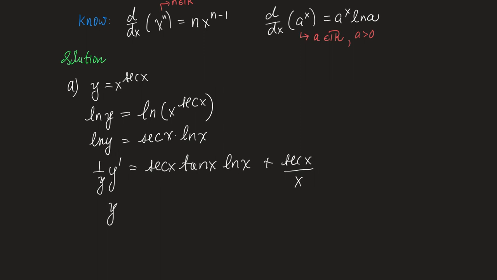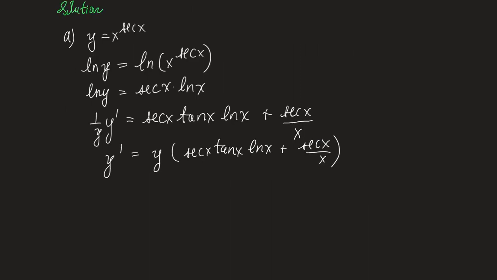And I'm solving for y prime, so y prime is going to be y times all of this. So I've gone ahead and multiplied the right-hand side by y, but I know that y is x to the secant x. So I should return an answer completely in terms of x. And that's my derivative.